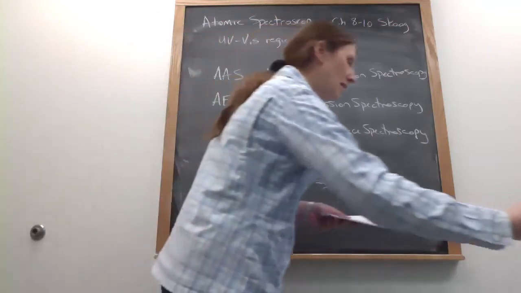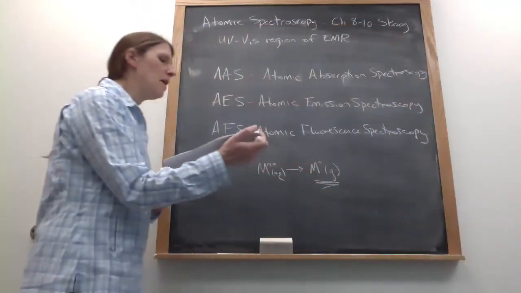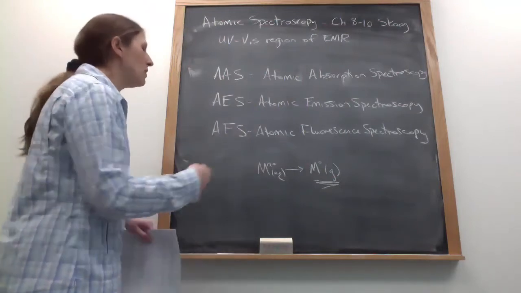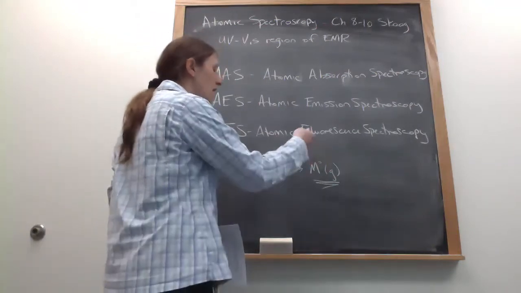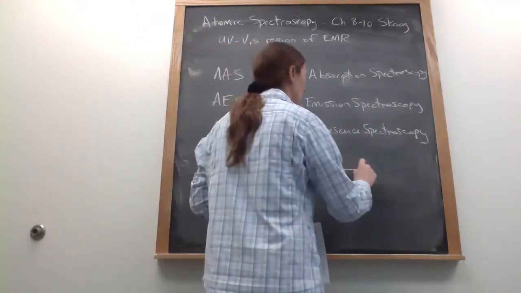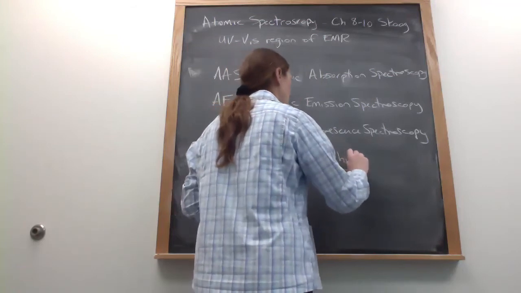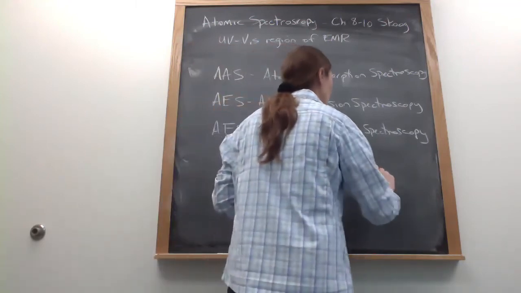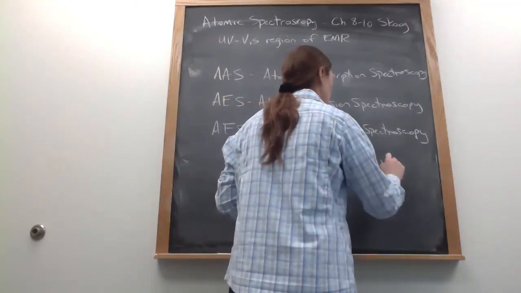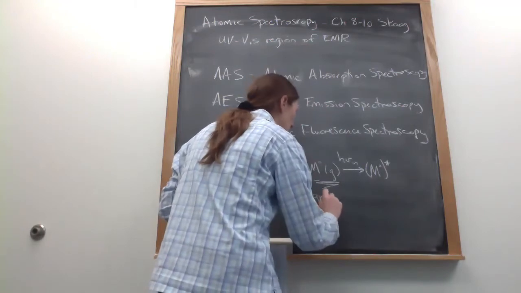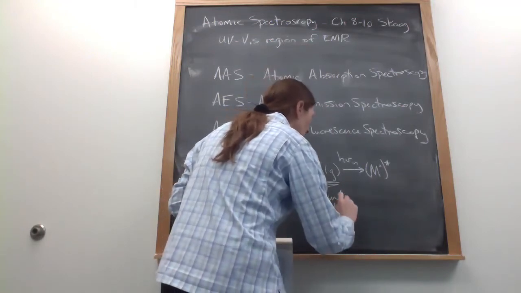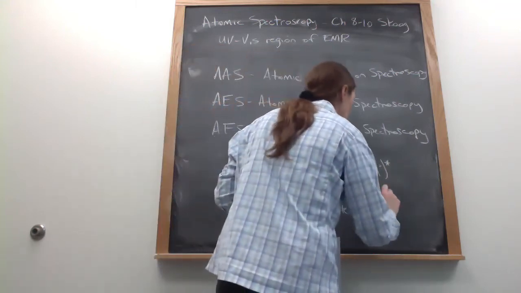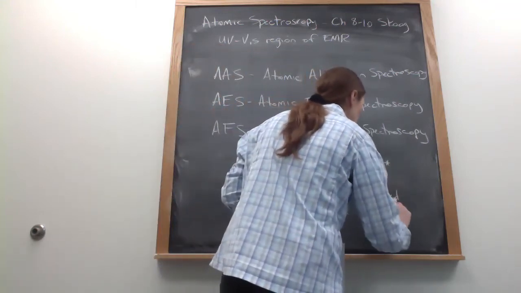But ultimately, to do the spectroscopy on the atoms, we need to undergo this process to get to neutral atoms in the gaseous state. And so, similar to what we saw for UV-vis, once we get to neutral atoms in the ground state, we're then going to deal with some type of light input, where that's going to cause an absorption, so this would be our ground state, with some sort of light in causing absorbance to get to an excited state.